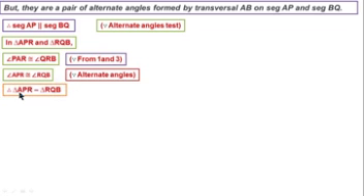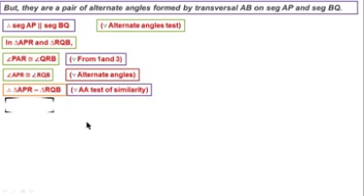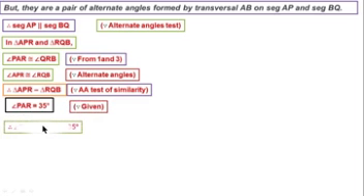Therefore, triangle APR is similar to triangle RQB by a similarity test. Angle PAR is equal to 35 degrees, that is given. Therefore, angle RBQ is equal to angle PAR is equal to 35 degrees.